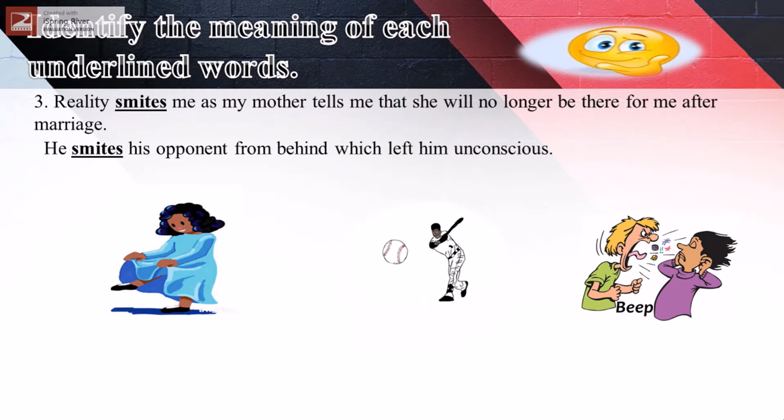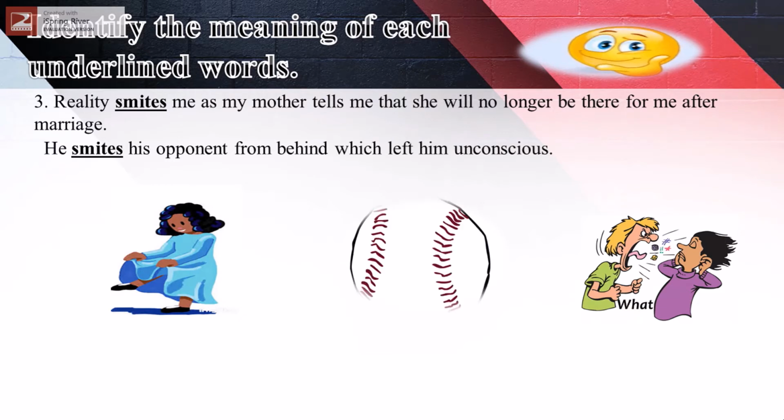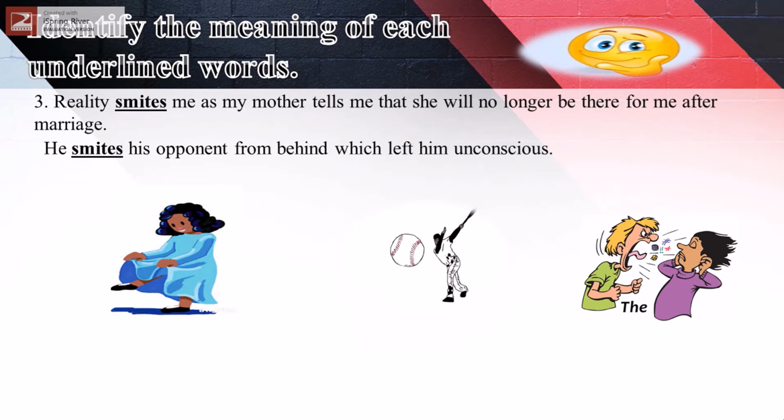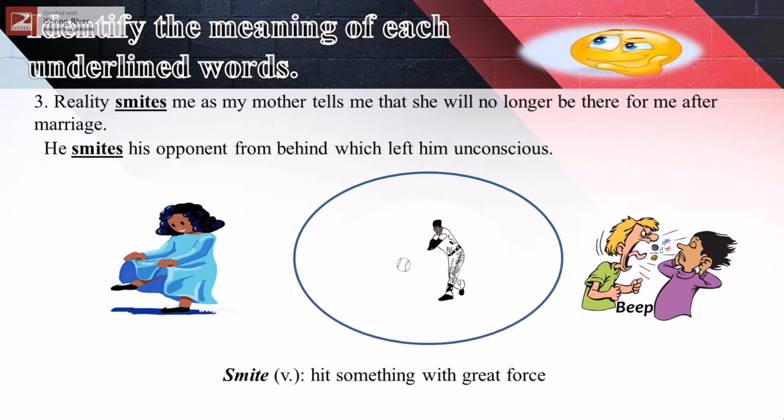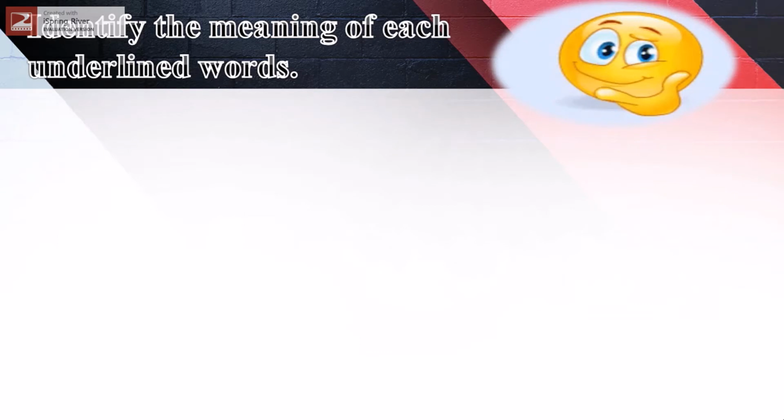Is it the first one? Looks like she's dancing. Second one, hitting something very hard. Next one, screaming. Your answer is? Okay, that is the second one. Smite means hit something with great force. Let us move on to our next sentence.